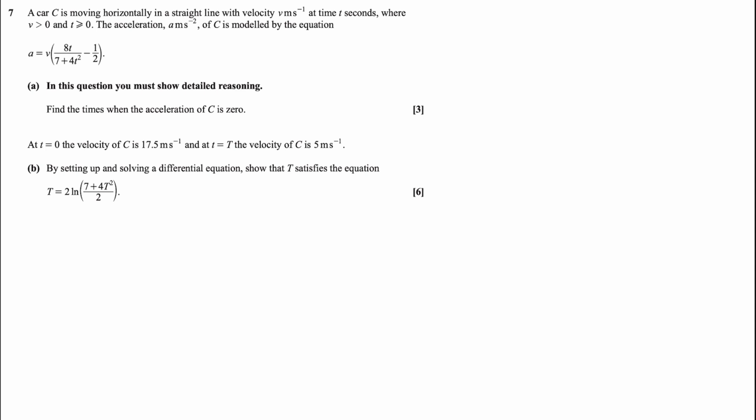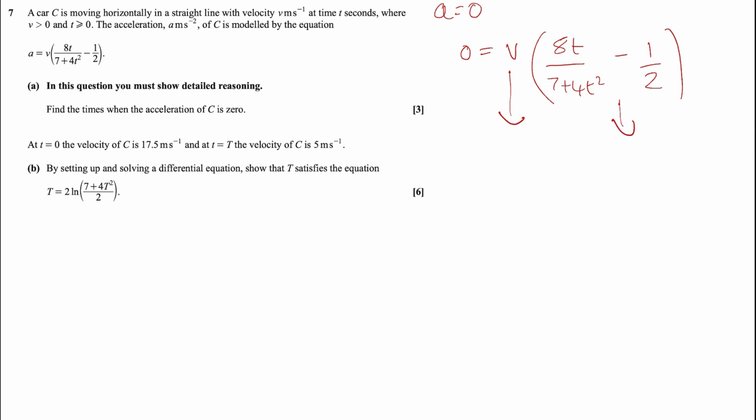So, part A: find the times when the acceleration of the car is 0. If I want the acceleration to be 0, this just means a equals 0. So in other words, 0 is v lots of (8t over 7 plus 4t squared minus a half). Now, we've got two options here. Either v can be 0 or this bracket can be 0.